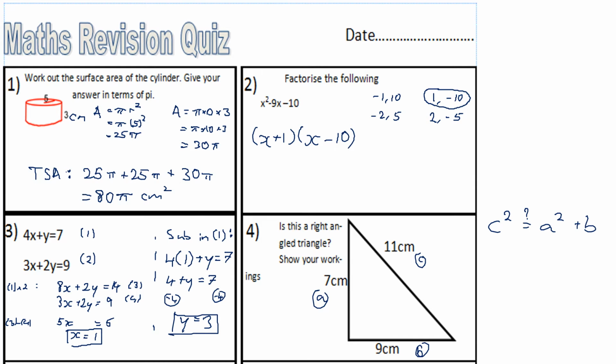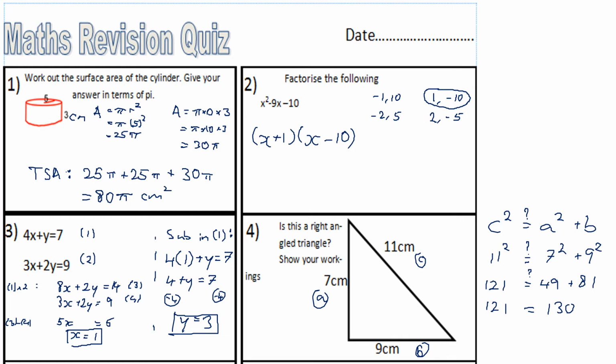Okay, so we've got 11 squared, and we're checking if it's equal to a squared plus b squared. 121 equal to 49 plus 81, question mark. 121, 49, add 81, so we get 130.